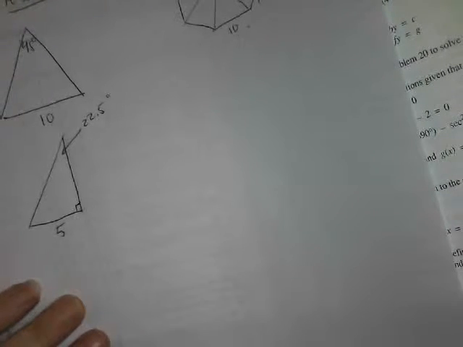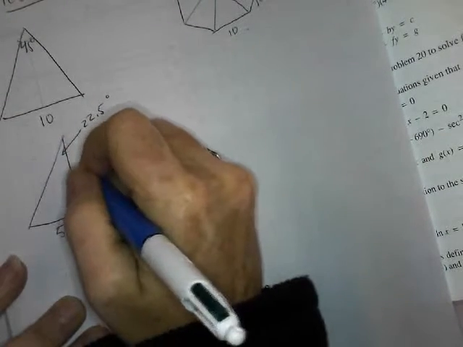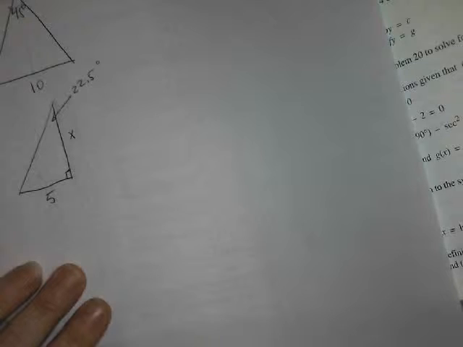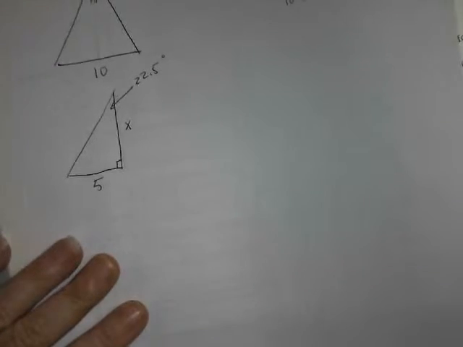Okay, and I'm really interested in finding the height, because all I've been asked to do is find the area, and I know the area of a triangle is 1/2 times base times height, so I need this thing right there. I can use one of my SOHCAHTOAs for that, since I have a right triangle.